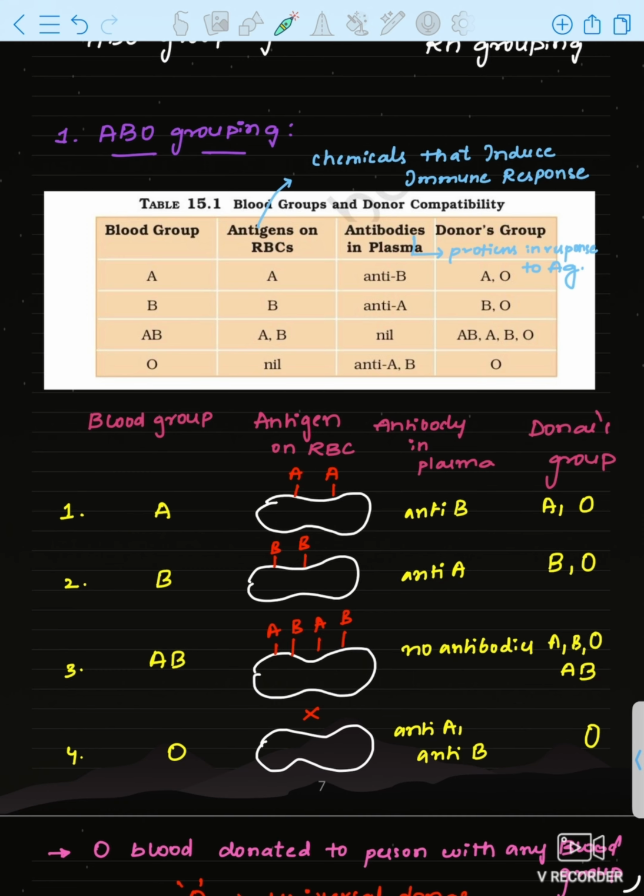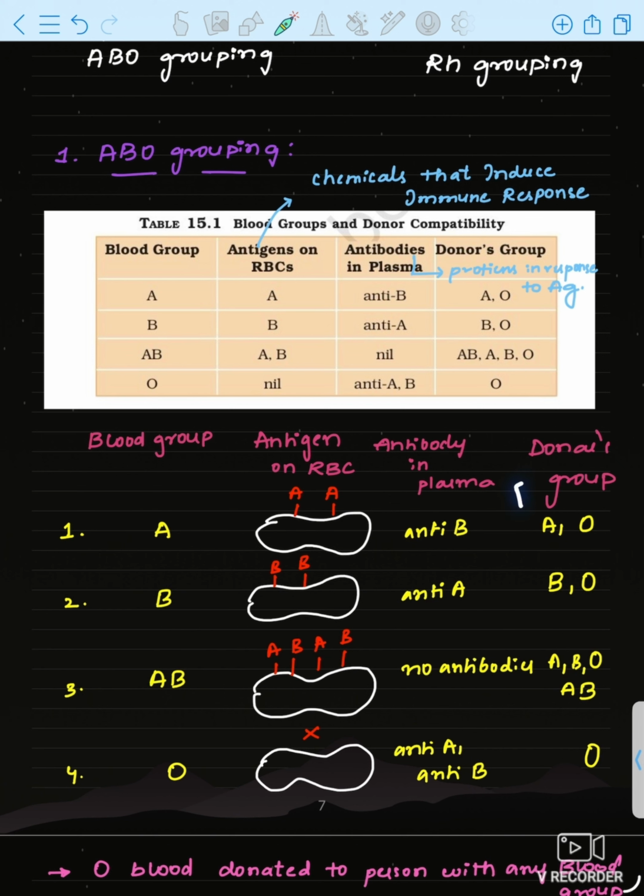But the actual thing is, now if a B donor gives its blood to A blood group, okay, what will happen? B blood group person will be giving blood to an A blood group person.